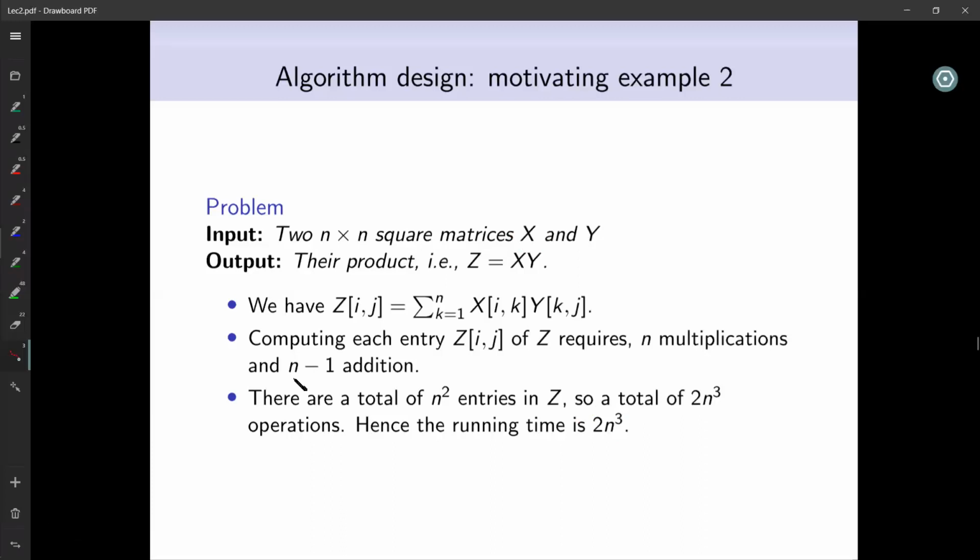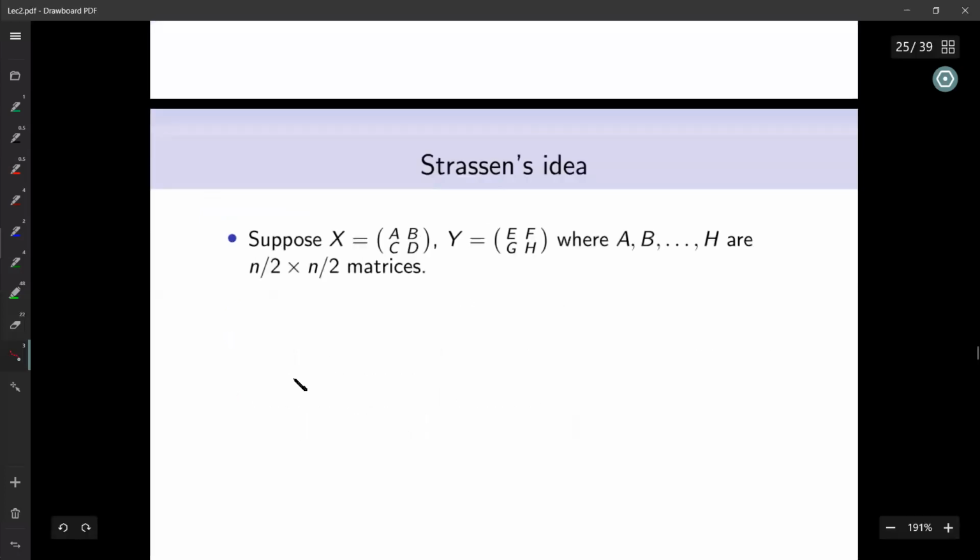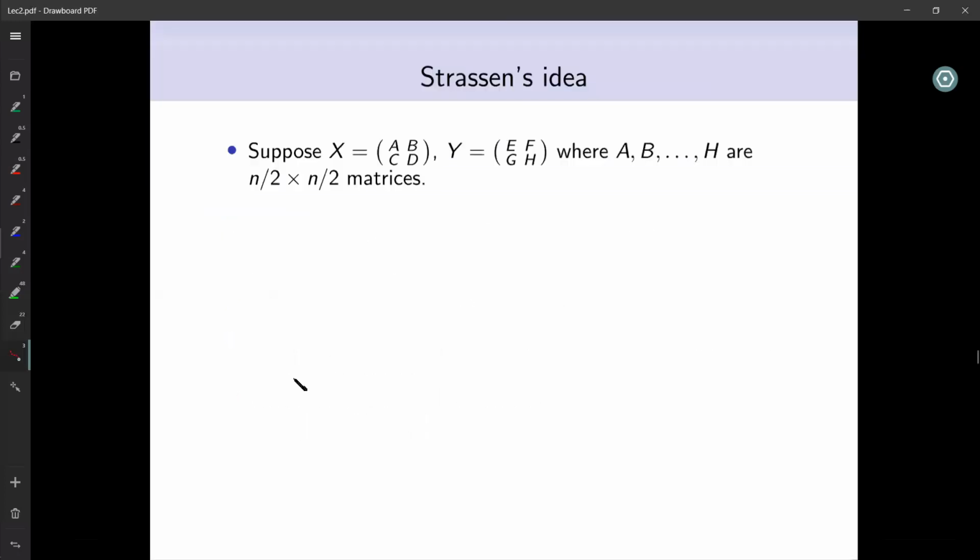Kind of motivated by Karatsuba, though it is independent work, Strassen had a similar divide and conquer approach. Karatsuba wrote an n bit number as two n by 2 bit numbers. Strassen did a similar thing: he took the matrix and viewed it as 4 matrices of size n by 2 cross n by 2.